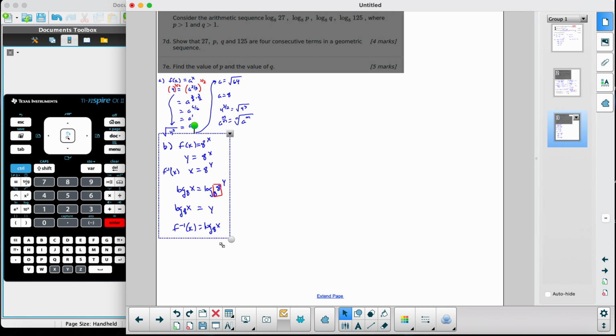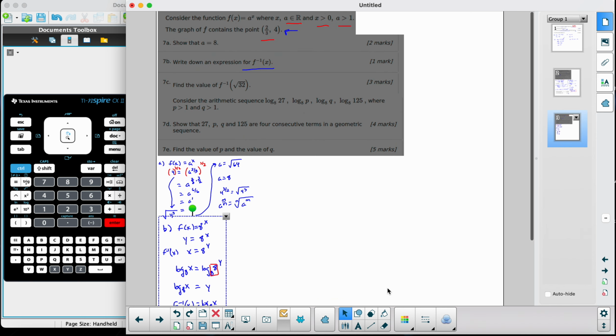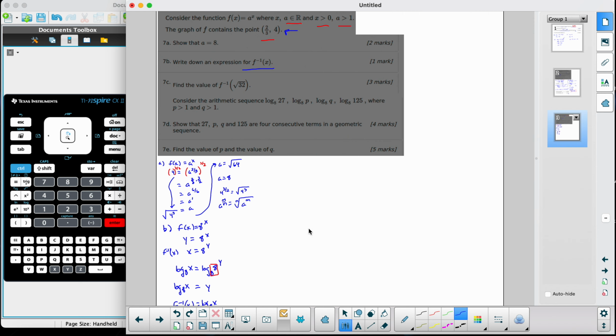Make it smaller. And now let's try C. Okay, so C, what's going on here? Find the value f negative 1 of root 32. Great. So the inverse of root 32, right?